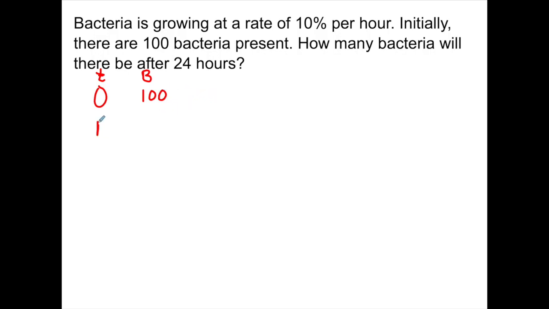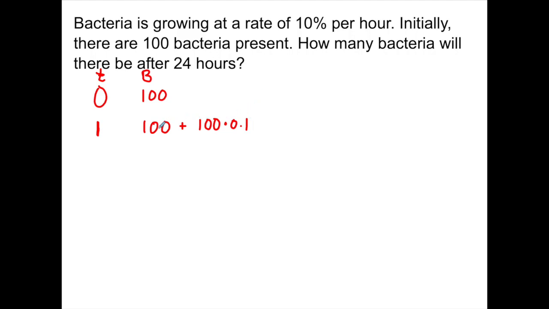Now, 1 hour later, we have the 100 bacteria that we started with. But we also have an additional 10% of that 100. And I'm going to represent that as 100 times 0.1, right? That's 10% of 100.